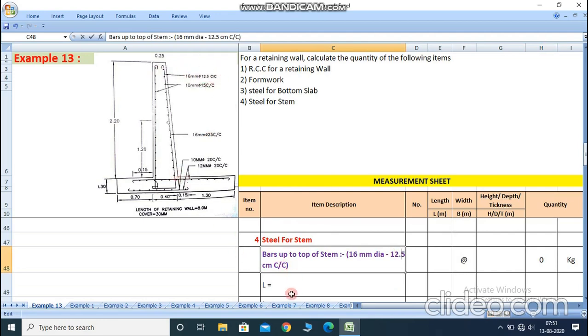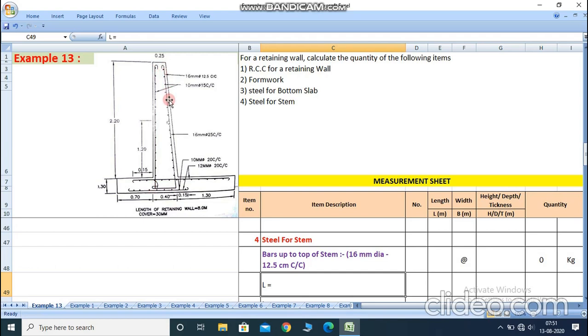So the total length of the bar is equal to, from the top, 2.20 plus 0.3, plus here the bar bend from here, so plus 0.4, plus at the starting and end, 2 hooks are provided.